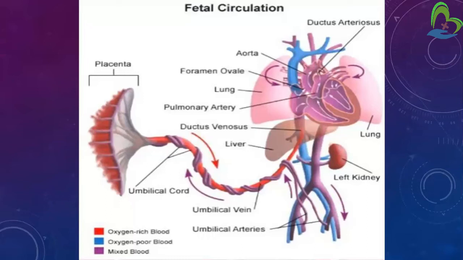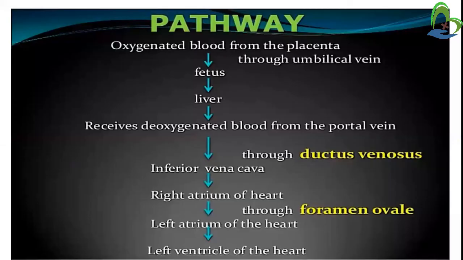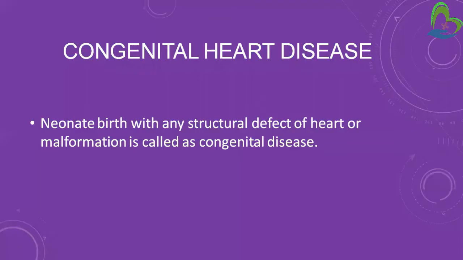When it comes out of the body, this artery is called the umbilical artery. So at last, this blood is supplied to the umbilical artery, and from the umbilical artery, this blood goes to the placenta. So this is the fetal circulation. We have seen the pathway of fetal circulation.